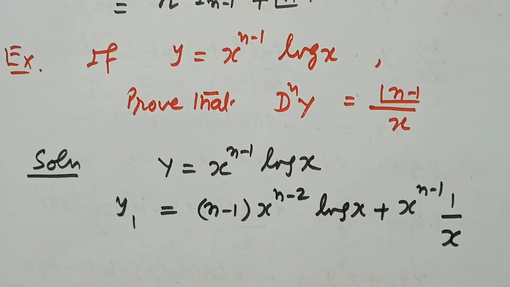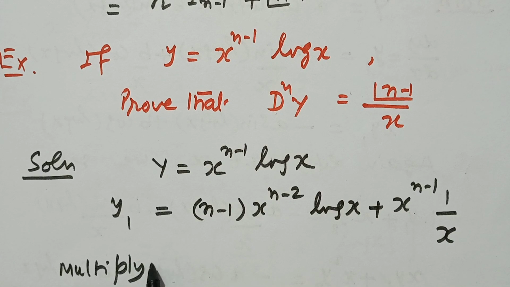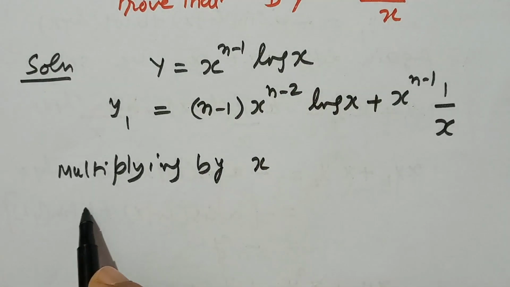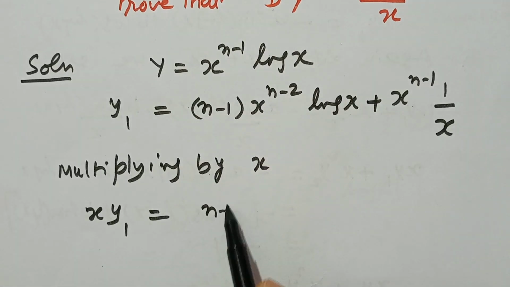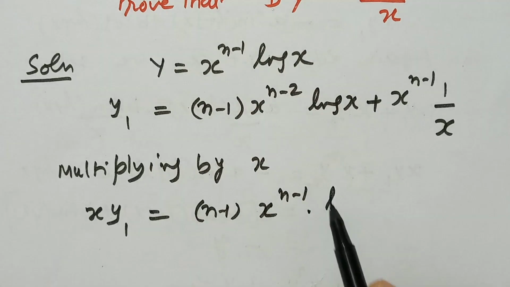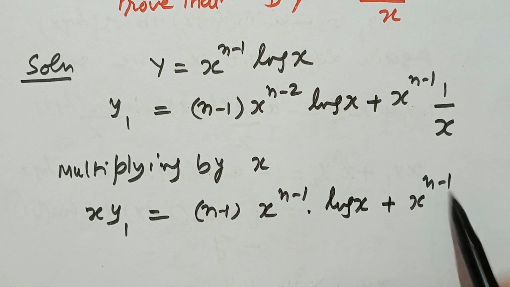Now since there is x in the denominator, multiplying by x on both sides, we get x y1 equal to n minus 1 times x to the power n minus 1 into log x plus x to the power n minus 1.